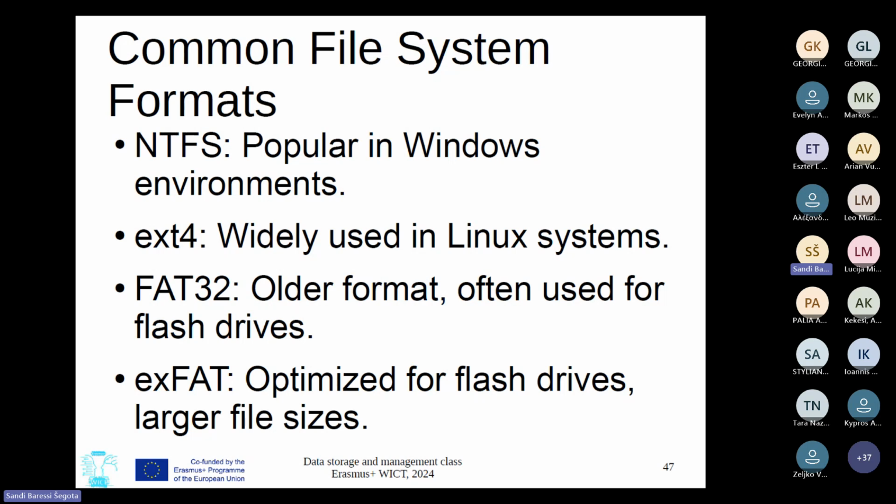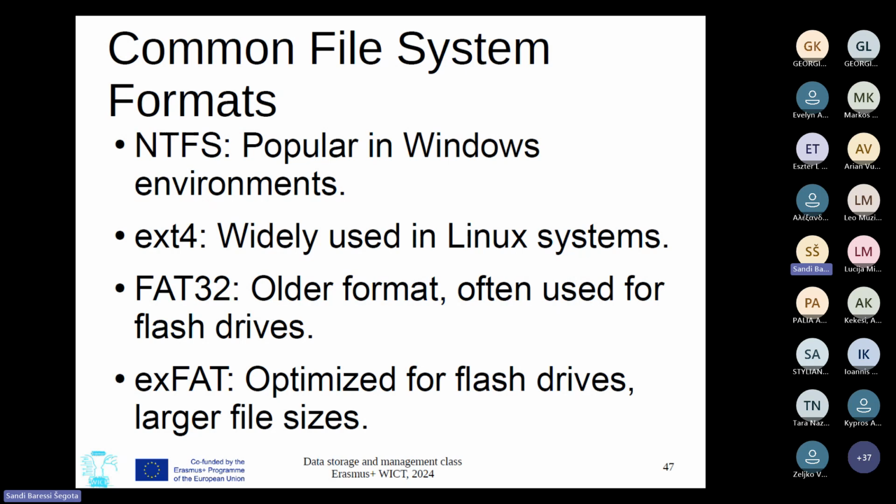And then we have exFAT, which is just extended FAT. I forgot to mention FAT means file allocation table. That's that super block at the start, which basically says this file, named like this, is from this block to this block. It's just a table, compared to more complex structures like network-based inode structures used in more advanced file systems. exFAT is extended file allocation table, optimized for larger file sizes.